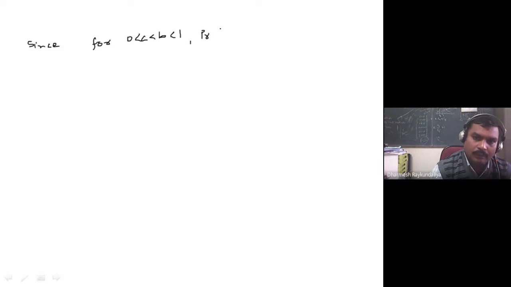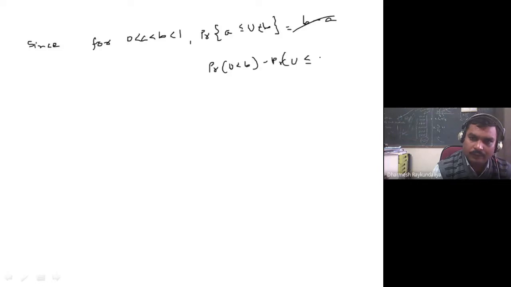If you find the probability that a is less than or equal to u less than b, it is nothing but b minus a, because you can write it this way: the probability of u less than b minus the probability of u less than or equal to a. So what is the distribution function of uniform? The probability of u less than or equal to x is x, so it is b and here it is a, so it is b minus a.